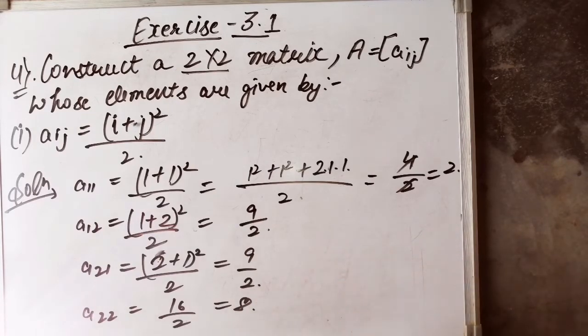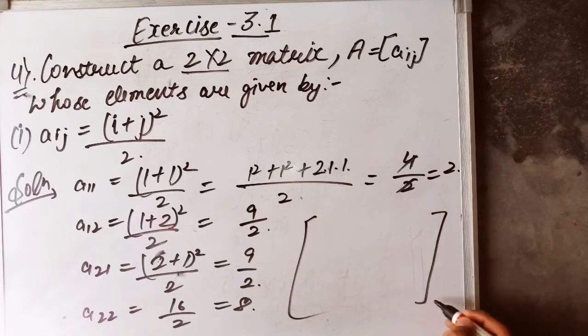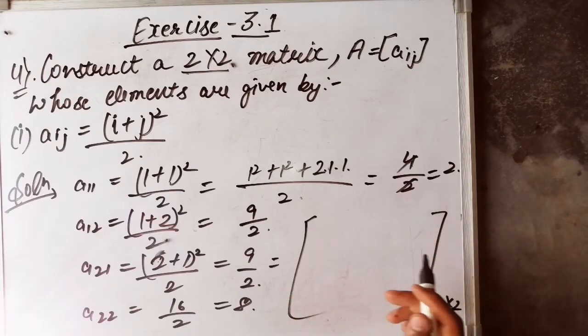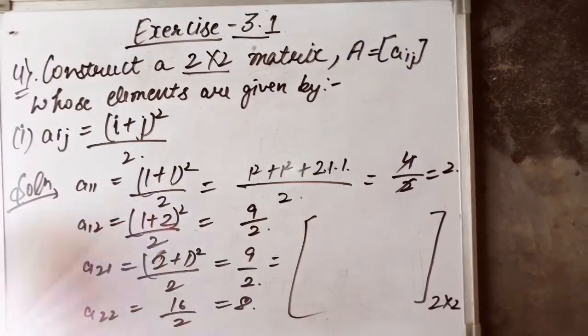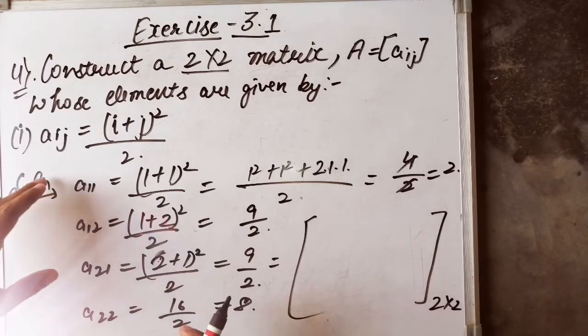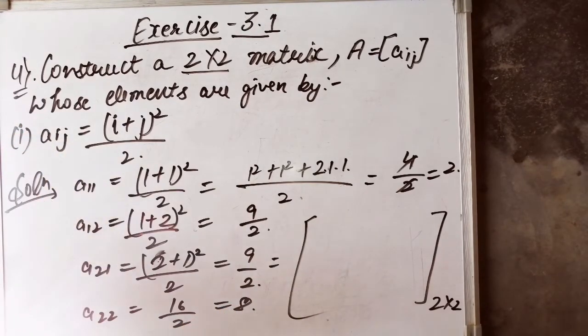Okay, no problem there. Now write this in the form of a matrix of 2 cross 2 order. Students, what I did here was I just replaced this i and j with the number, the element which I need to find out.